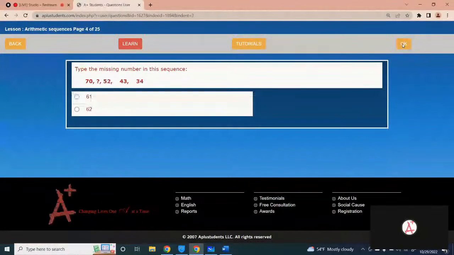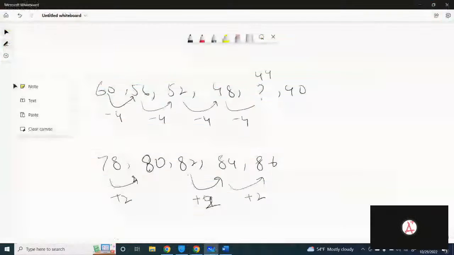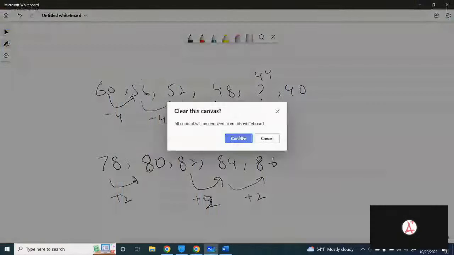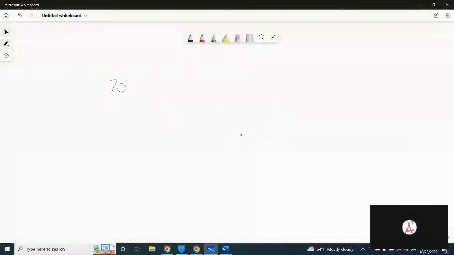Okay, type the missing number in the sequence 70, missing number, 52, 43, and 34. Okay, let's see what number you are adding each time. Let me write it down on the board. 70, the missing number, 52, 43, and 34.